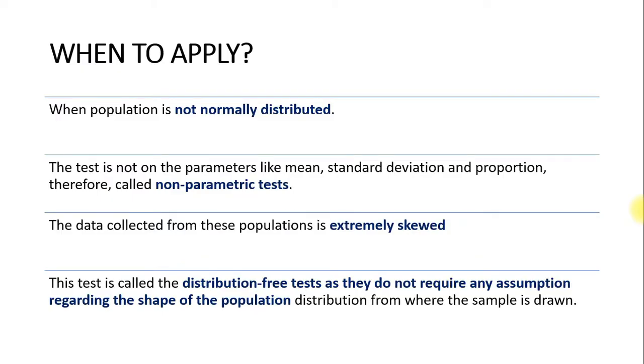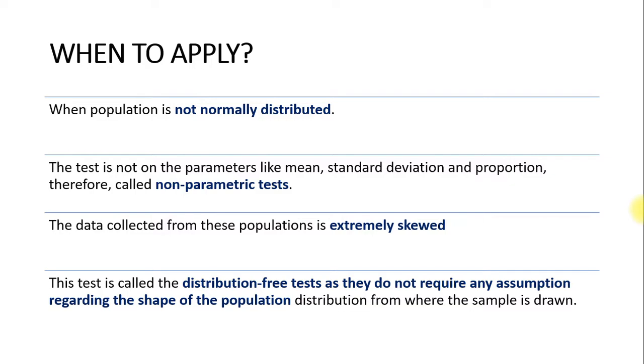So when we are discussing when to apply the chi-square test, the first condition is when the population is not normally distributed. When your population is not normally distributed, you could not rely upon the parameters like mean, standard deviation, and proportion, and therefore you have to use a non-parametric test.